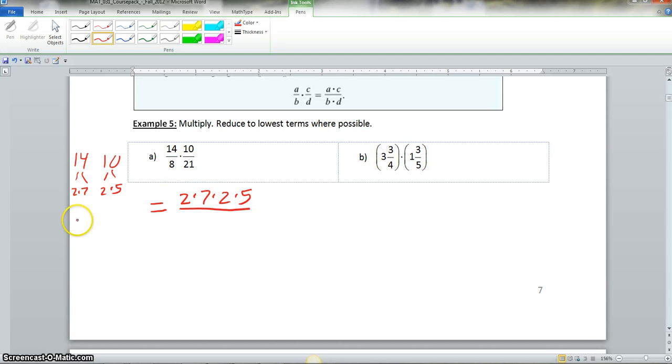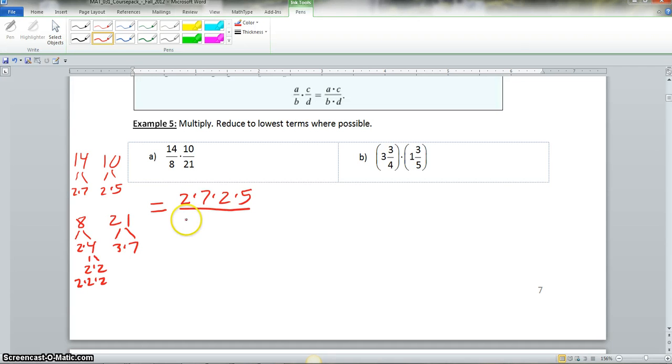Now we go down here to the 8 and the 21. 8 breaks down to 2 and 4. And then 4 breaks up to 2 and 2. So we have 3 2's for the 8. And 21 breaks down to 3 times 7.